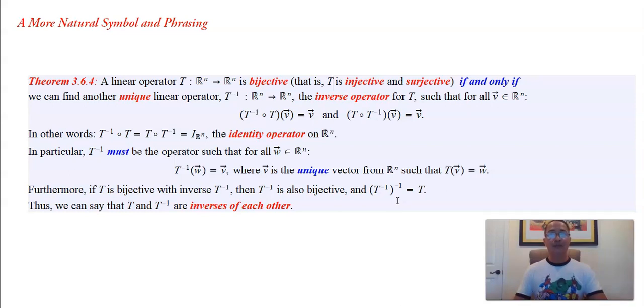X inverse inverse is X. The negative of negative X gives you back X. So that was inverses for arithmetic operations. And now we have an operator on a Euclidean space Rn. We've come a long way. So again, we say that T and T inverse are inverses of each other.